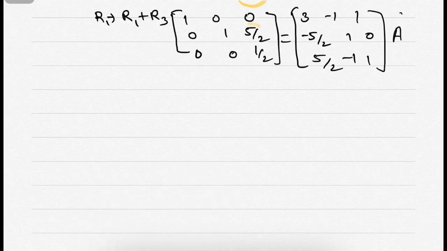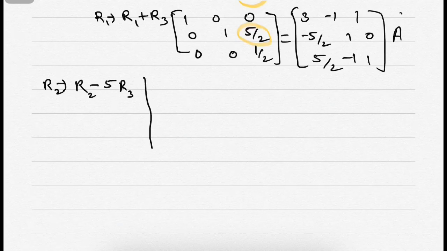Now in the next stage we'll make this 0. For that we'll do R2 minus 5R3, and we are not making any change in R1 and R3. R1 is 1, 0, 0.